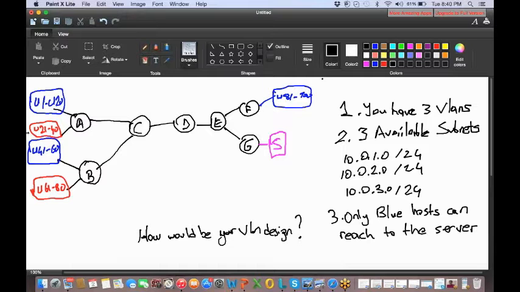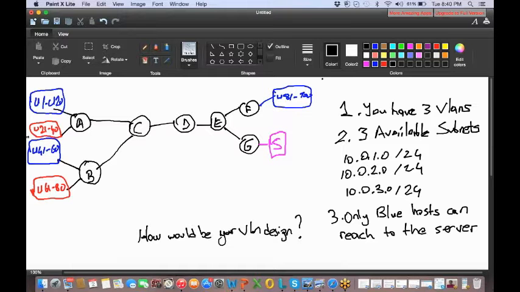Another reason is security: you put some boundary, you can put some filters, and so on and so forth. And here we will use VLANs for both reasons.